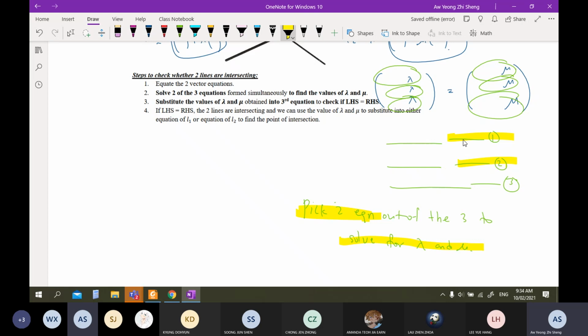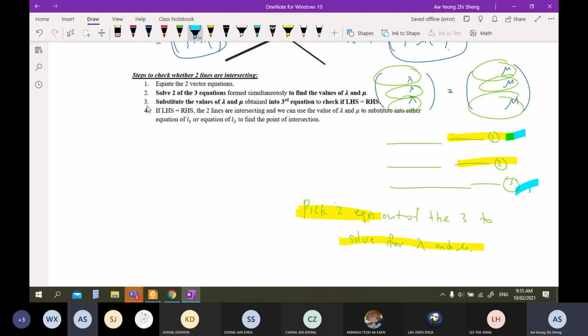So make sure to leave the third equation alone. Of course, it's not a must to select 1 and 2. If I select equations 1 and 3, then I should never touch equation 2 when I solve for lambda and mu. Okay. Because the equation that you don't touch is reserved for checking purpose.